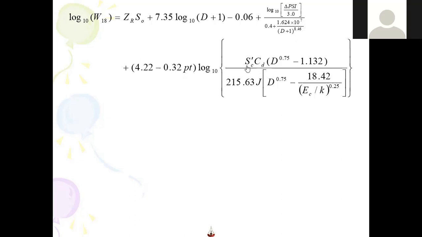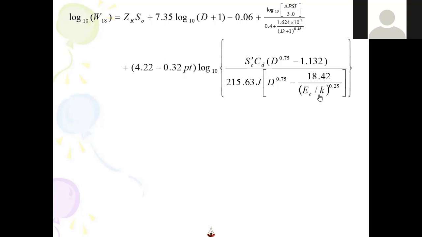SC is the modulus of rupture that was between 500 to 750 psi. CD is a drainage coefficient, and this is taken as 1. EC is elasticity of concrete between 3 million to 4 million, and K is what you have calculated and modified for your base.